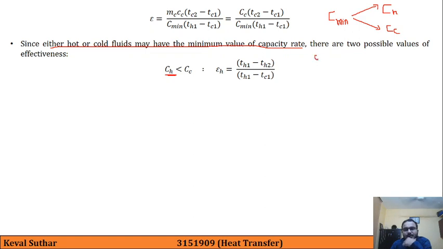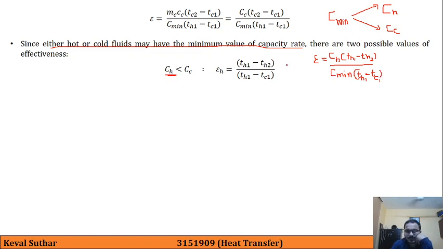The previous formula was epsilon is equal to CH into TH1 minus TH2 divided by C minimum into TH1 minus TC1.